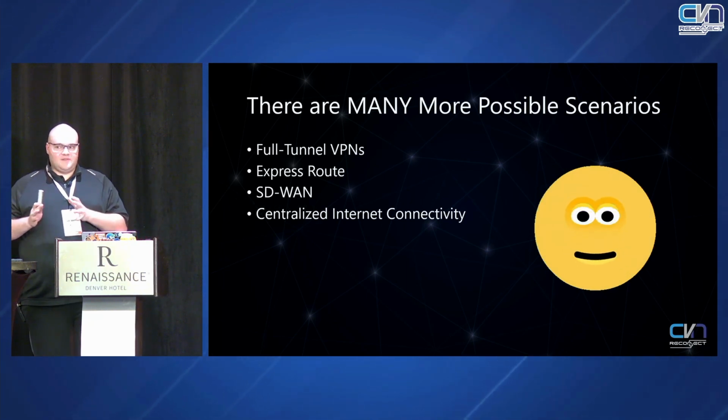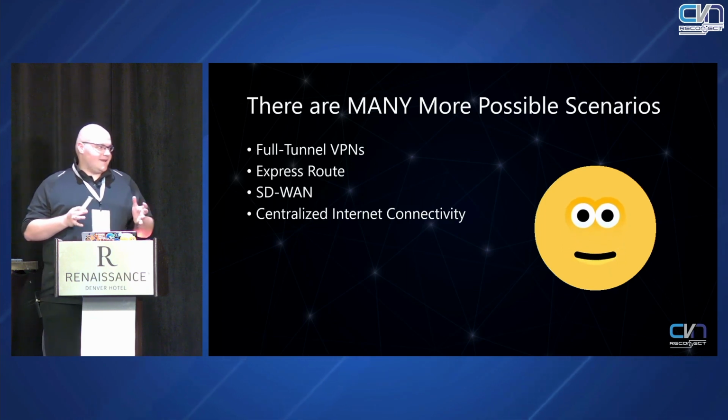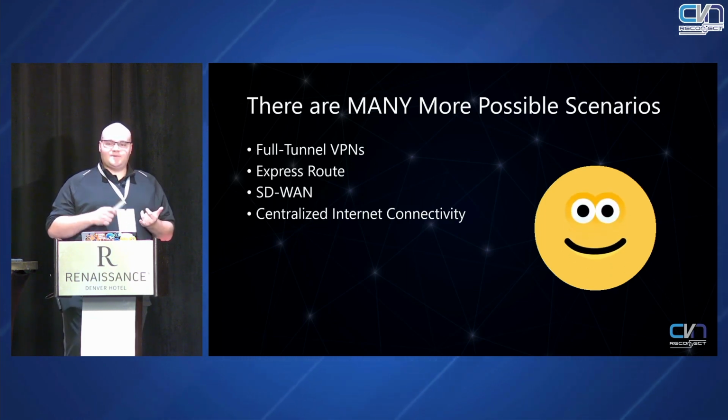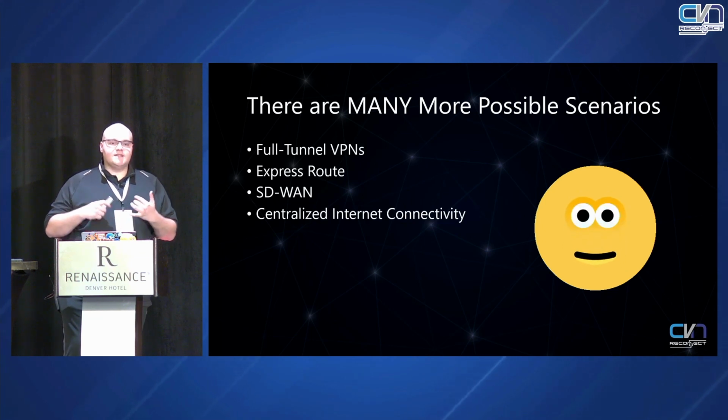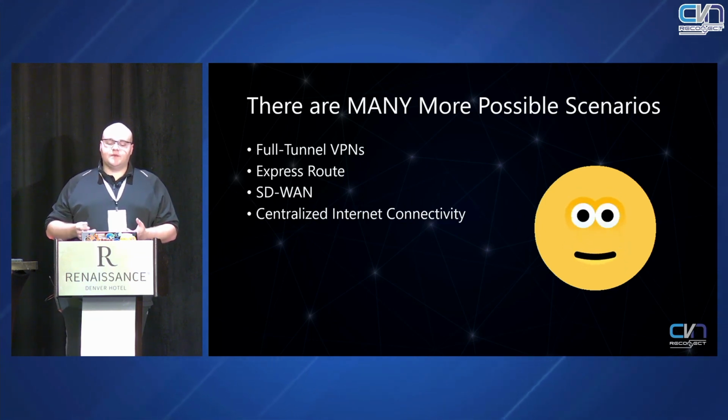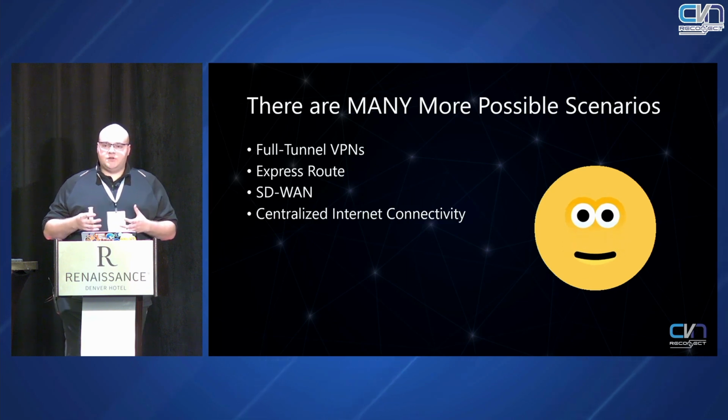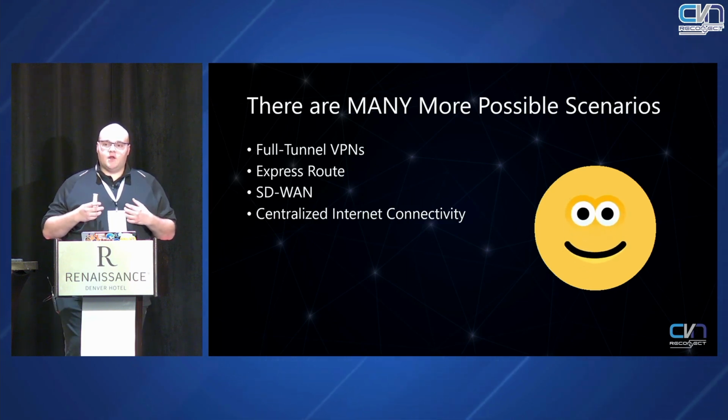Hopefully we're letting the 52 addresses go away, but just in case you're using those, ExpressRoute, SD-WAN, proxies, centralized internet connectivity. There's a lot of scenarios that could be unique to your environment. And we really want you to be able to go ahead and look at your environment and understand how you can determine these paths.